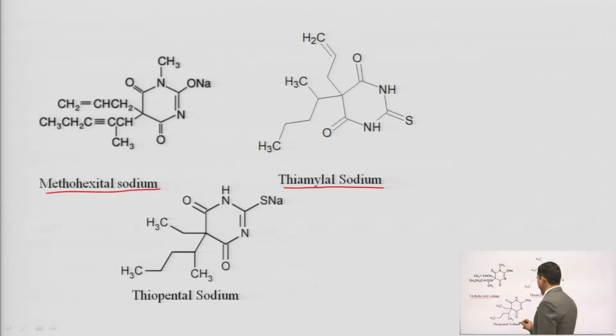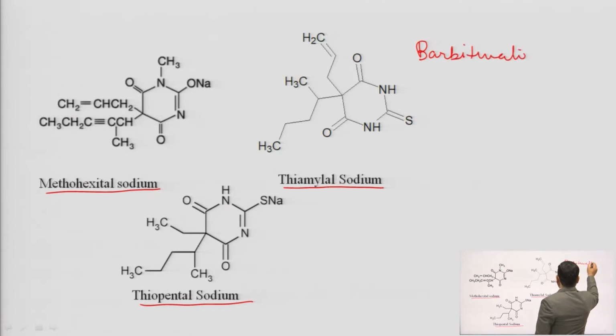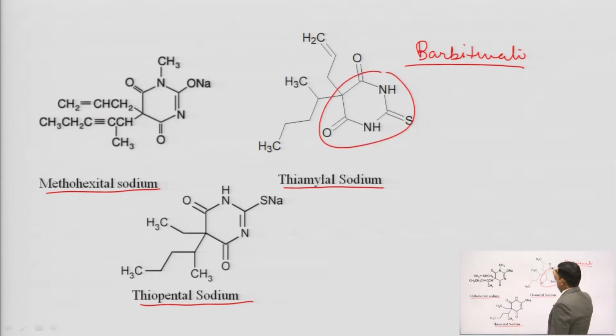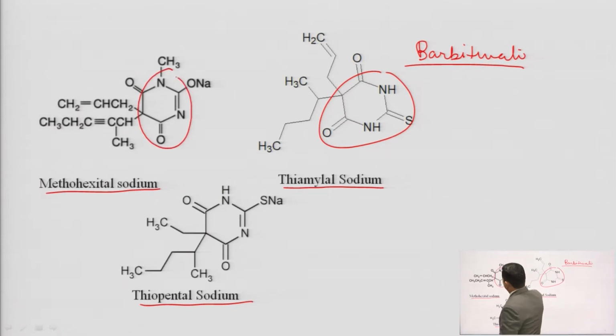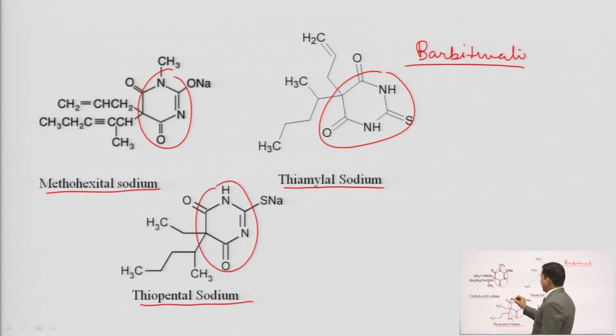Some important examples of the inducing agents are methohexital sodium, thioamylal sodium and thiopental sodium. All are barbiturates, and all the barbiturates have a specific ring. There is a substitution at which position?